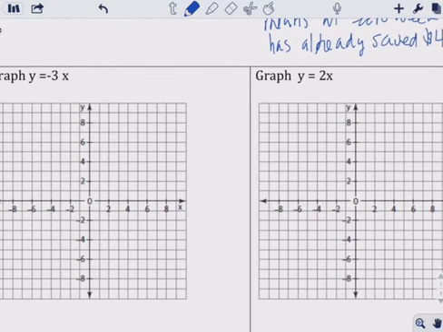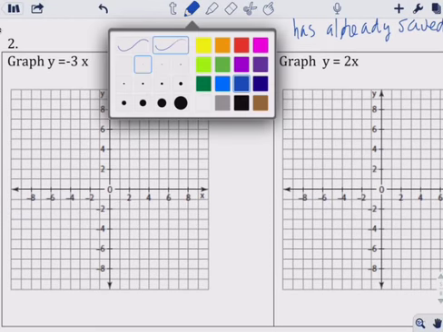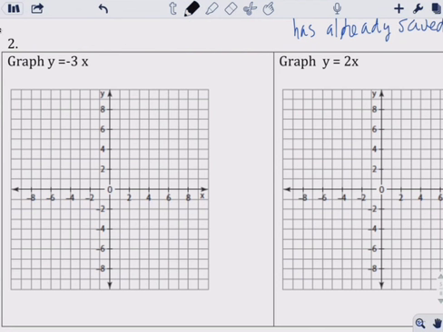Okay, then here you graph these. Notice there's nothing here. If there's nothing there, it is a +0, not a 1. A 1 is the one next to a variable. In this case, it's a 0. So you start right there. So your b is 0, your slope is -3 over 1.